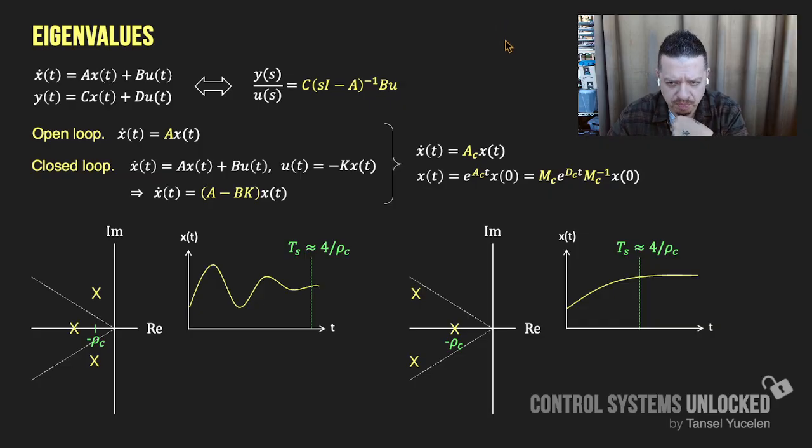Now, if you have three eigenvalues like this, the system will create an oscillative response like that. Because when you have eigenvalues that are dominant, what I mean by dominant is close to the imaginary axis.